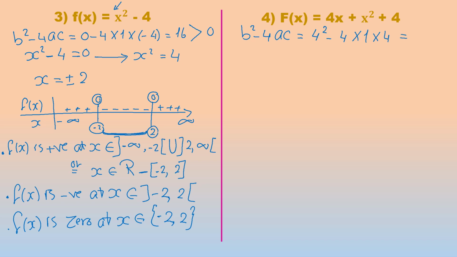So the answer is 0. So we have only one real root. x power 2 plus 4x plus 4 equals 0. By factorizing the equation, we will find that x equals what? x equals negative 2.